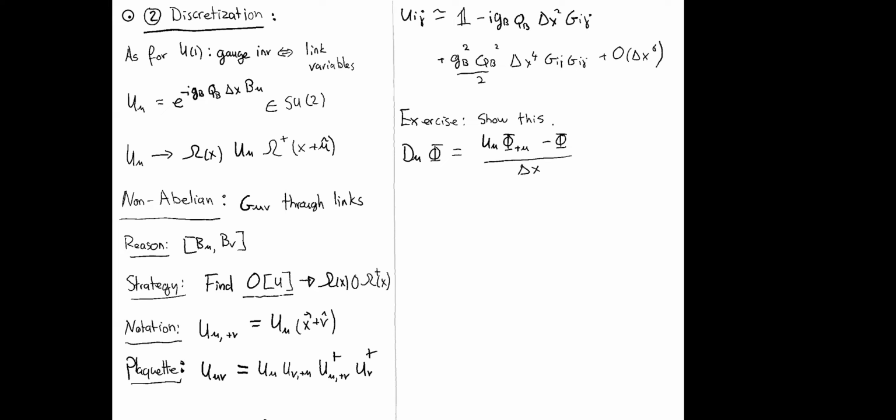And you can also use it to discretize the covariant derivative of the gauge field, which is important. And here it's going to be done in a similar spirit, but at the level of the U.